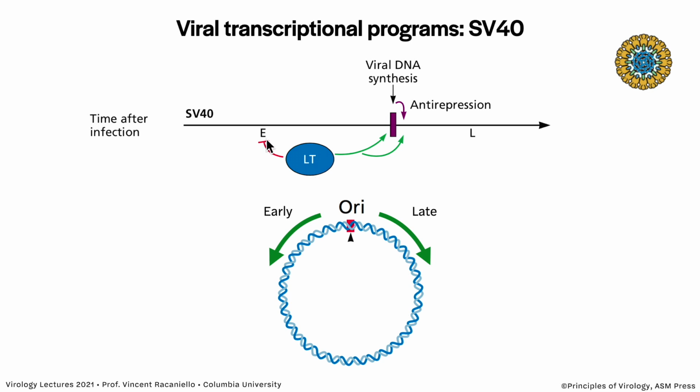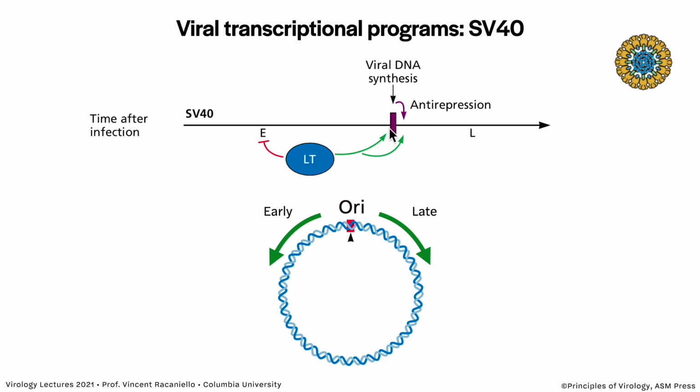So the early promoter makes the mRNA encoding large T. Large T, in turn, is needed for activation of the late promoter. That will not happen unless large T is made. And when that happens, viral DNA synthesis begins and the late promoter is activated.